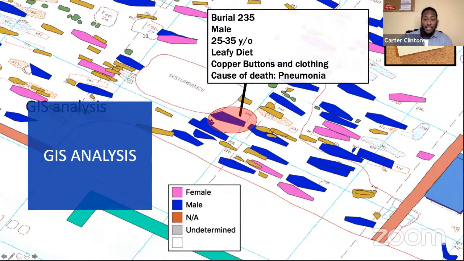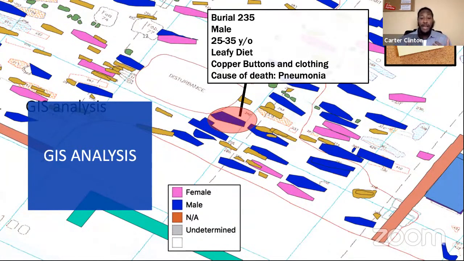And what I've done here with this male burial is list all of the things that we found, or created a profile for this individual. So this was burial 235. We didn't know their name. We know they were a male. We know from the anatomical structures that they were between 25 and 35 years old. We know that this person had a leafy diet or a heavy vegetative diet.